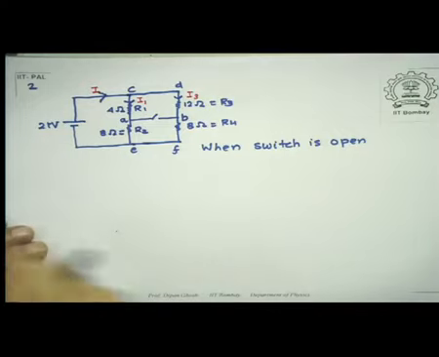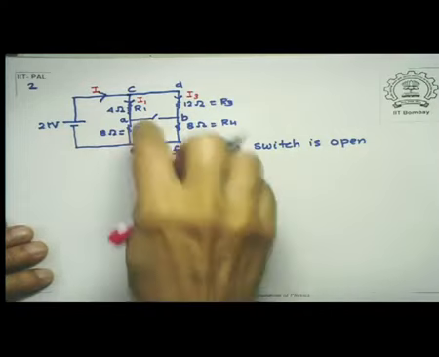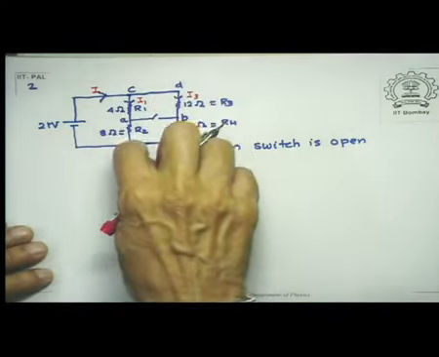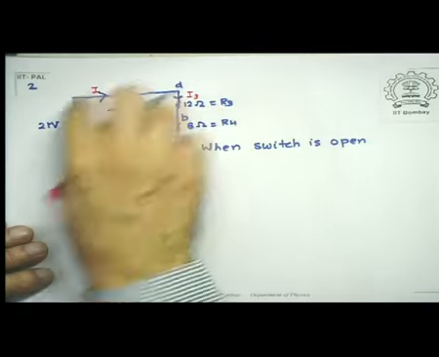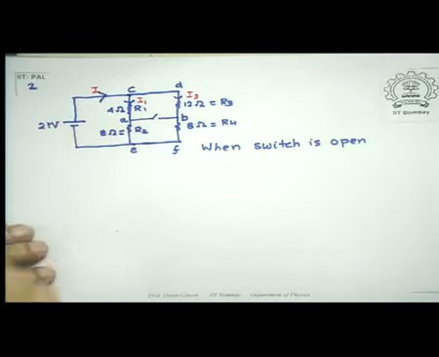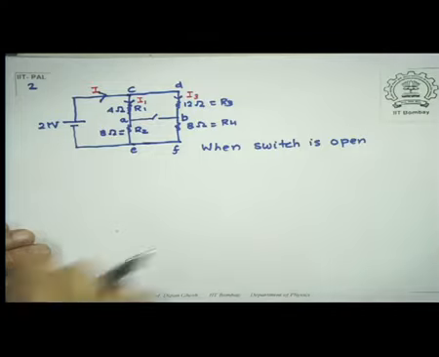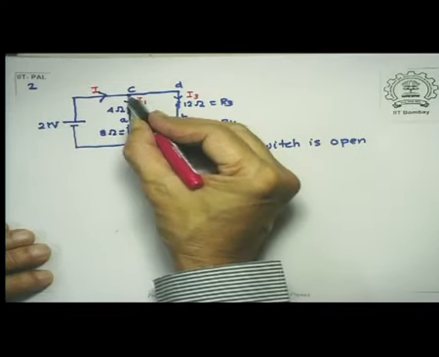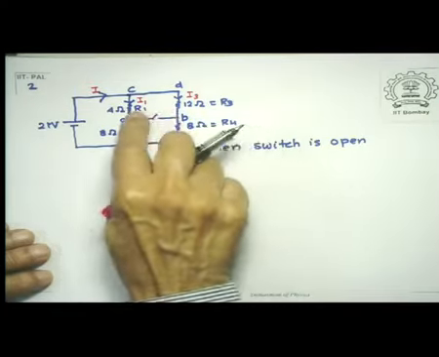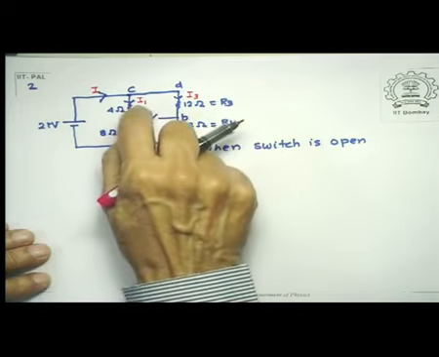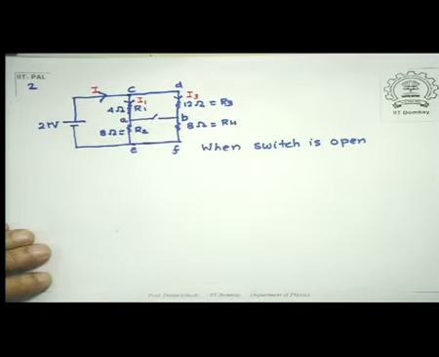So since we have said that the drop across this is the same as 21 volts, what we notice is the following, that here, since this part of the circuit doesn't matter, R1 is in series with R2.